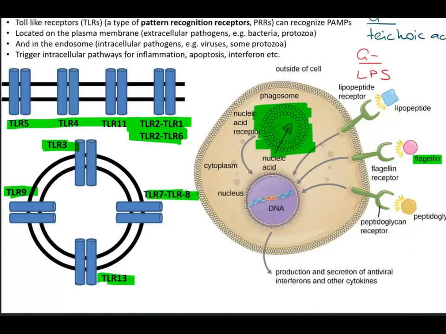3, 4 out of 10 question. Which type of microbes will be mostly recognized by the receptors that are sitting in the endosomal membrane inside the cell? Say again? Any virus. Because the virus is intracellular.